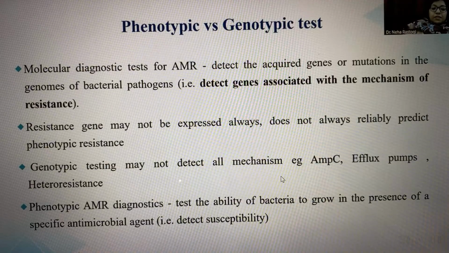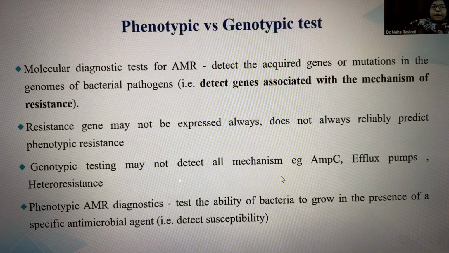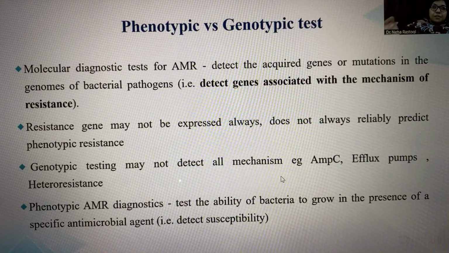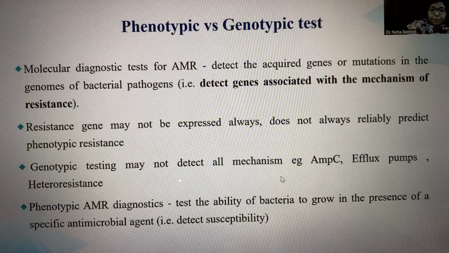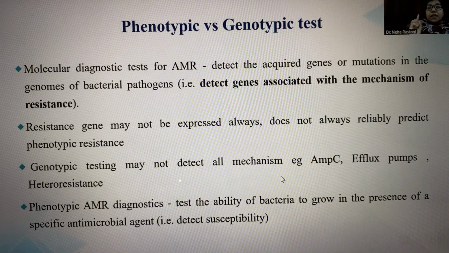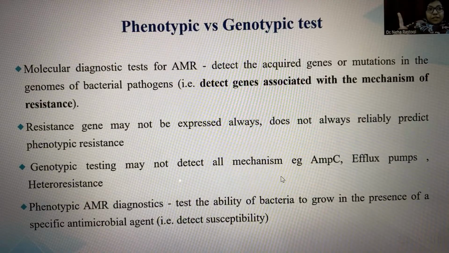Phenotypic resistance is the ability of bacteria to grow in the presence of an antimicrobial agent, or in the presence of an enzyme-induced antimicrobial agent inactivation. Genetic testing means you are just detecting the resistance genes, whether present or absent, which directly correlate with the mechanism of that particular resistance.